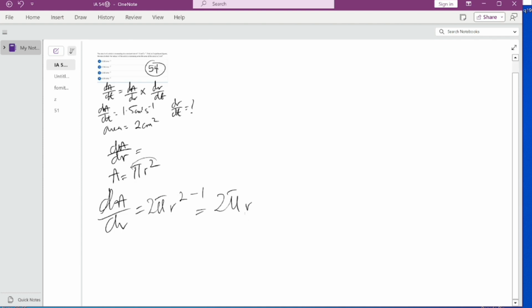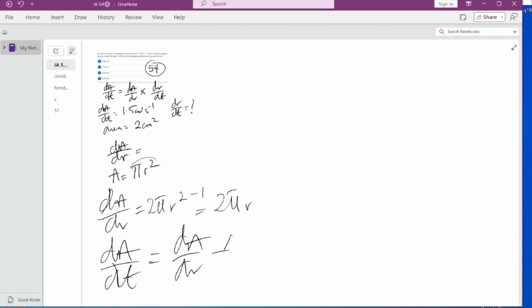Looking at what we have, going back to our formula, dA/dt equals dA/dr times dr/dt. We are asked to find our dr/dt.